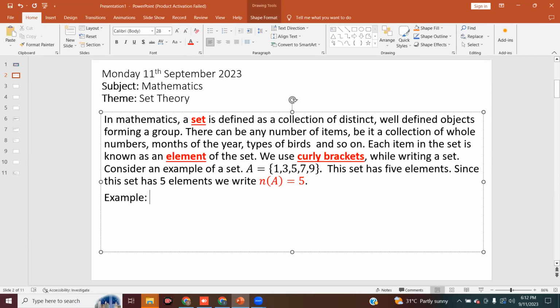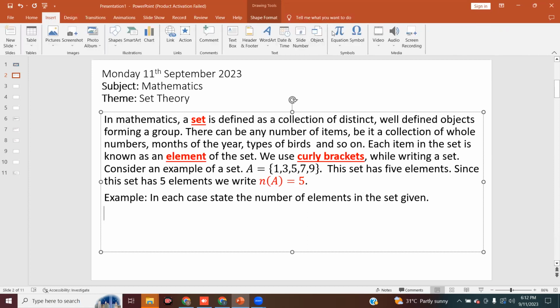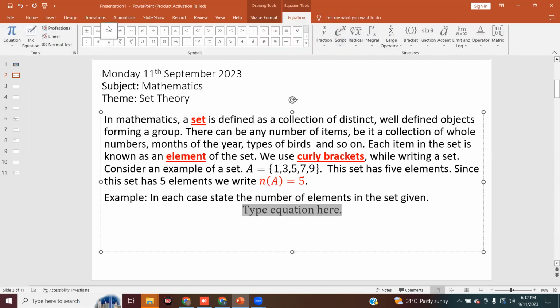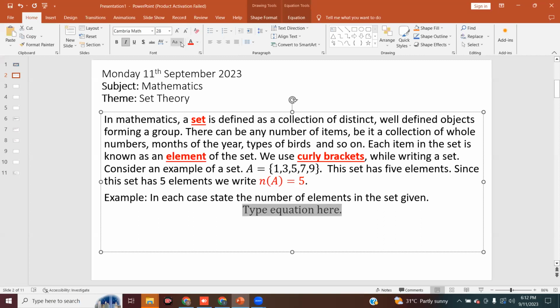In each case, write this down for me, please. Let's do this together. In each case, state the number of elements in the set given.